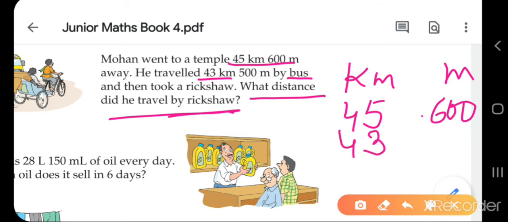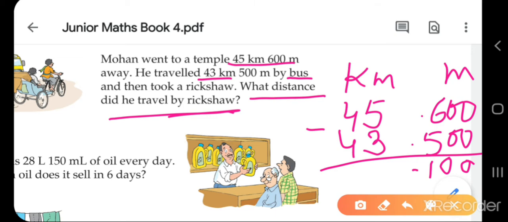If you subtract the distance traveled by bus from the total distance, you will get the distance that he traveled by rickshaw. So the total distance he traveled by rickshaw is 2 kilometer 100 meter.